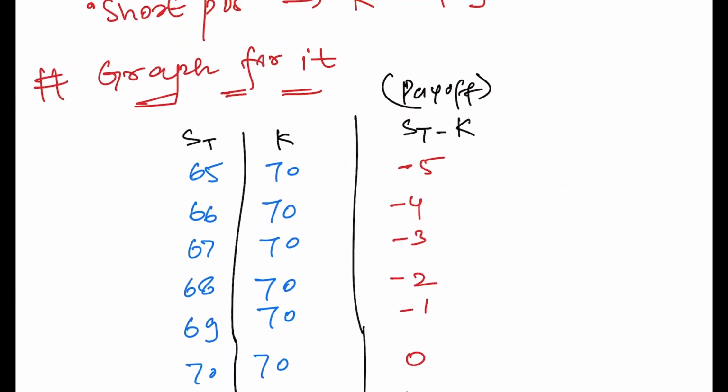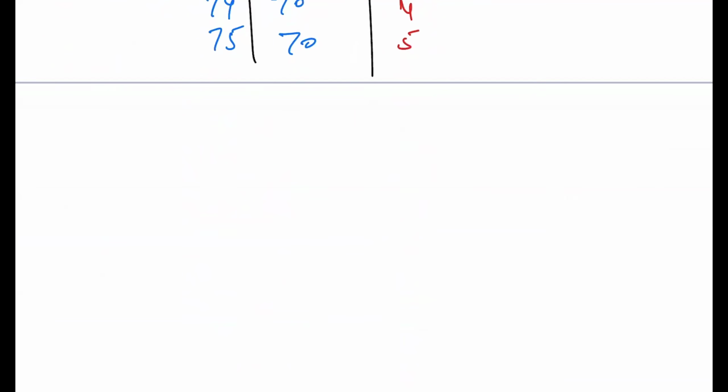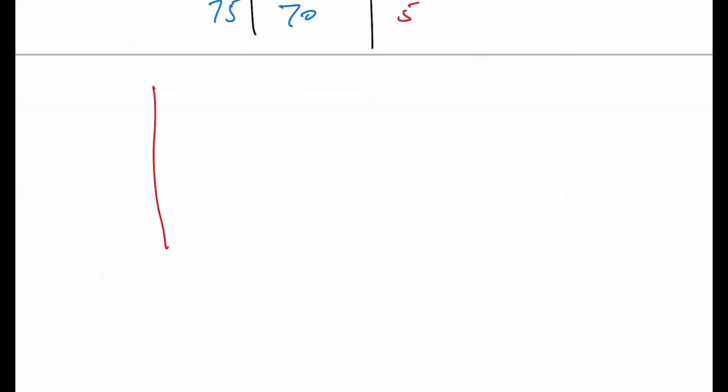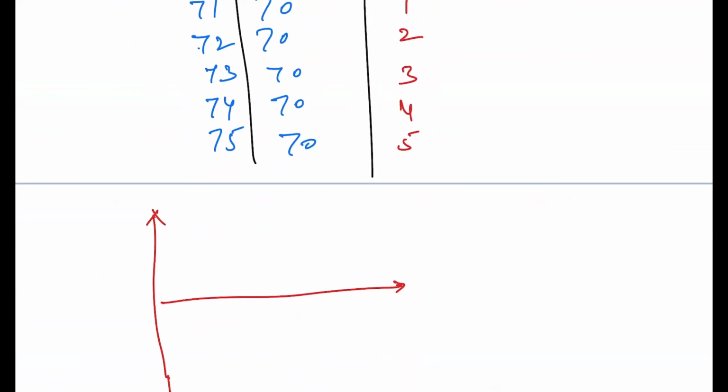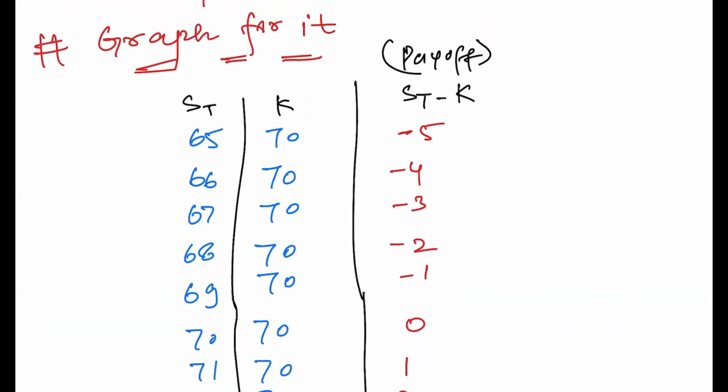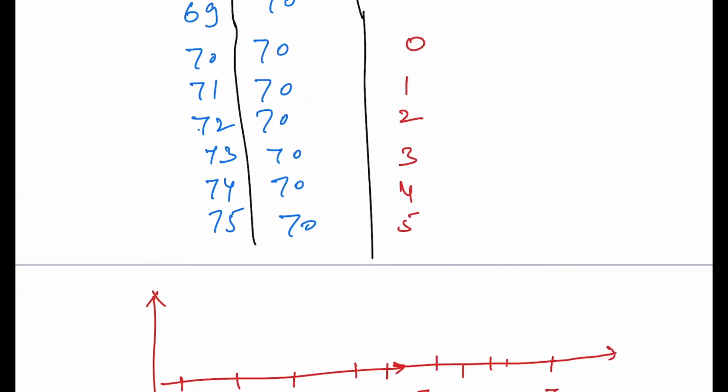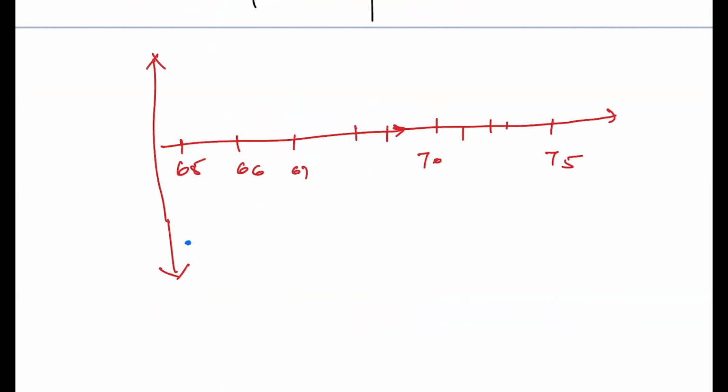So this becomes your payoff. When someone says, can you plot the diagram, it will be something like this, okay? So the stock price will come here, 65, 66, 67, up till 75, right? This is, let's say, 70, okay? Similarly, we know that ST minus K at 65 is a loss of -5, right?